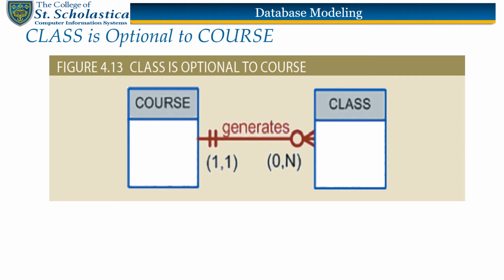In the crow's foot notation, an optional relationship between entities is shown by drawing a small circle on the side of the optional entity, as illustrated in Figure 4.13. The existence of an optional entity indicates that its minimum cardinality is 0. The term optionality is used to label any condition in which one or more optional relationships exist.